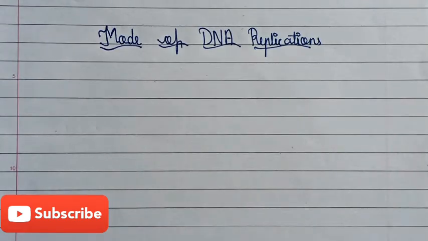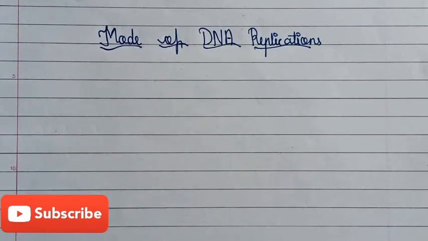According to Watson and Crick, if a parental DNA gets replicated, meaning two daughter DNAs are formed, then those two daughter DNAs are semi-conserved, meaning half of the DNA strand is of the parental DNA and half is of the newly synthesized strand.